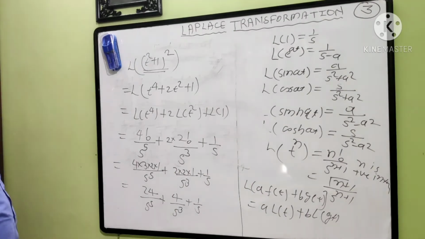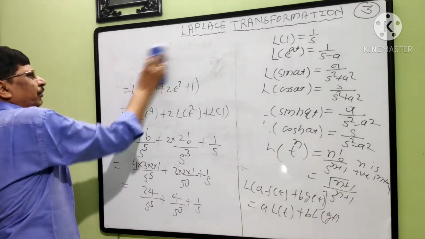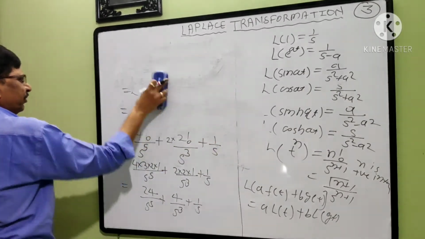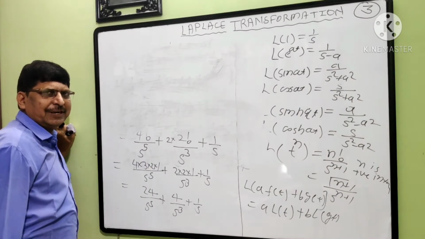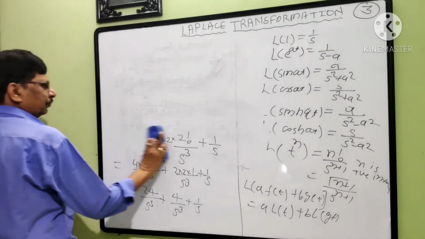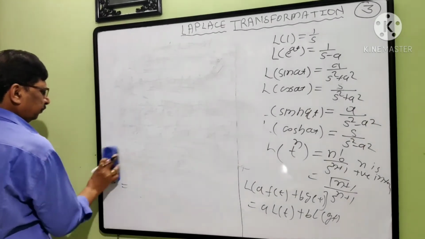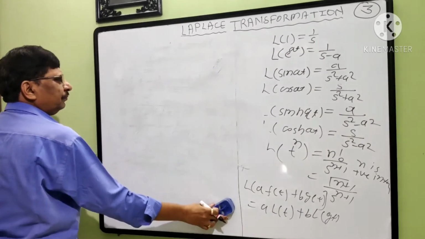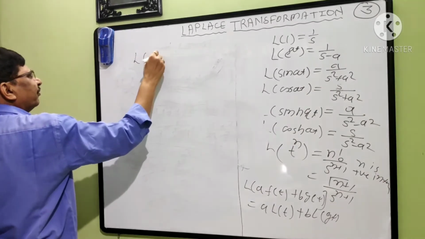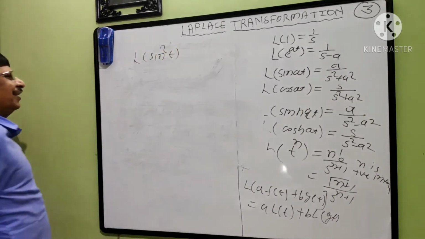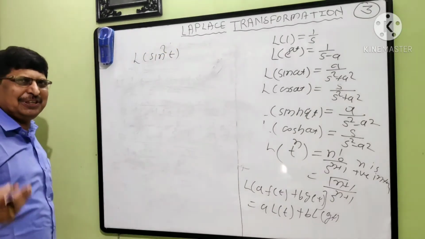Okay, now we will find Laplace transformation. If you want to write, you can take note. Now we have to find sine square, cos square, sine cube, cos cube, because these are composite functions.